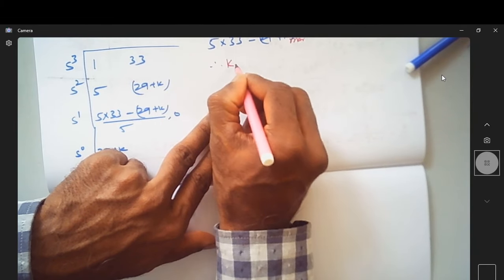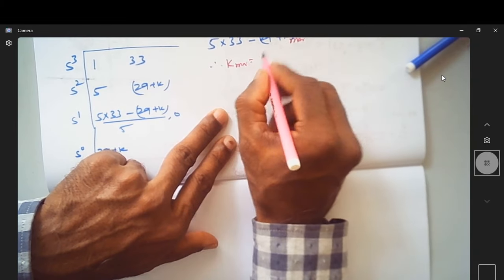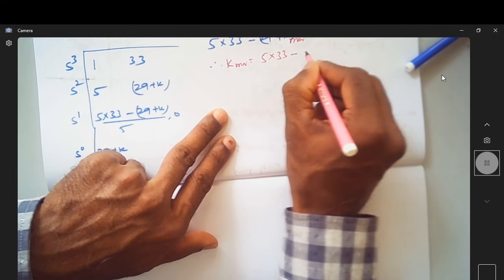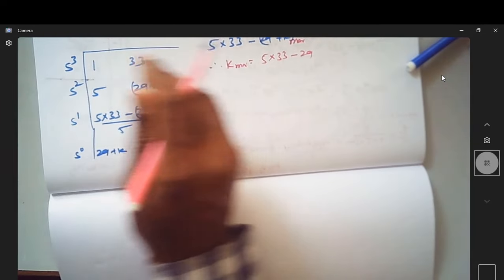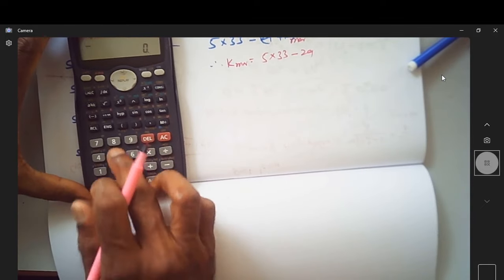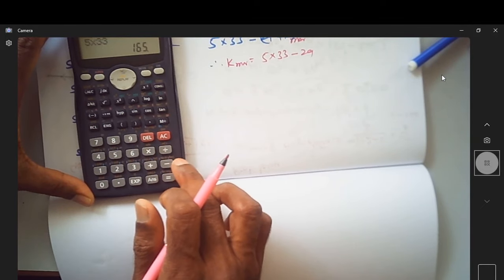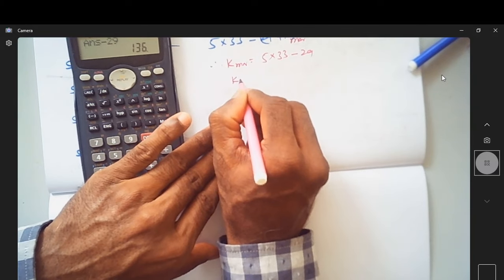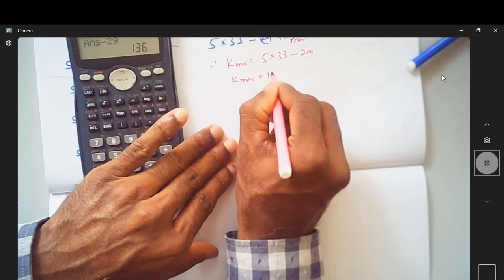So what is k margin then? K margin is 5 into 33 minus 29, so if I do this, that will be 136. So k margin is 136.